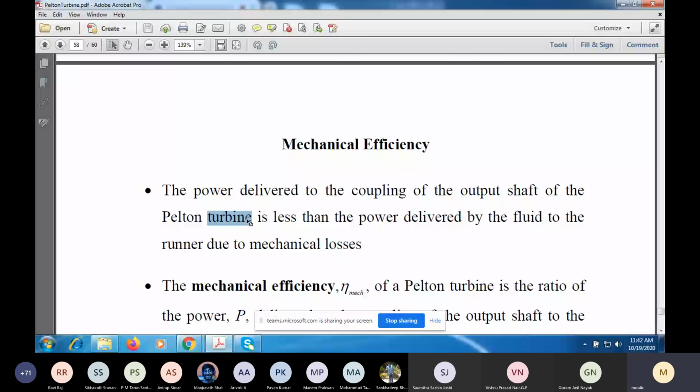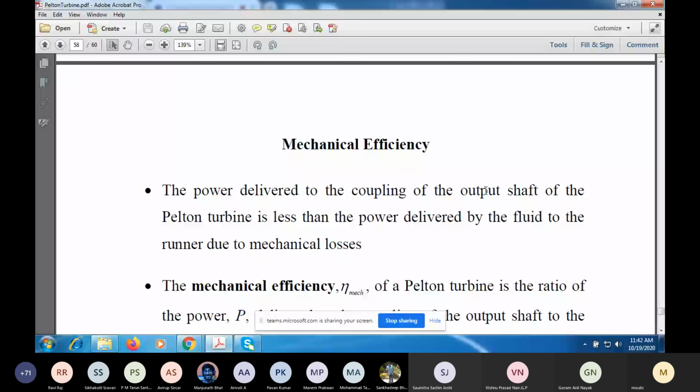As a mechanical engineer, you will be interested in what is the power that is delivered to the coupling of the output shaft. This coupling will couple the output shaft of the turbine to the input shaft of the electric generator. And from then onwards, it's the job of an electrical engineer to get an efficient generator.